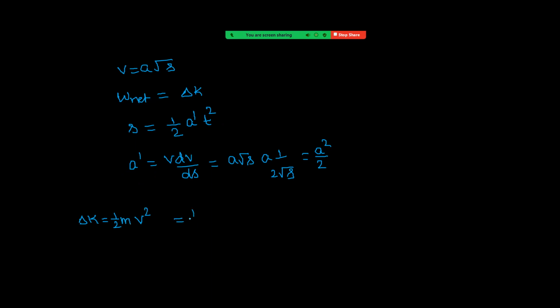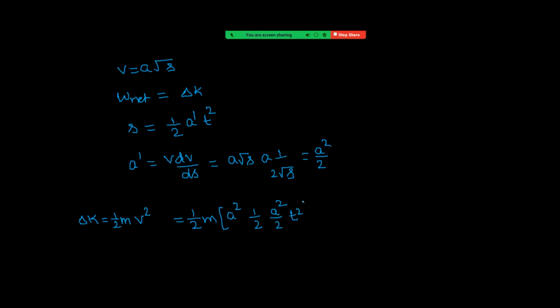In the place of v square, we write a square into S, right? In the place of S, half a dash t square, where a dash is a square by 2.